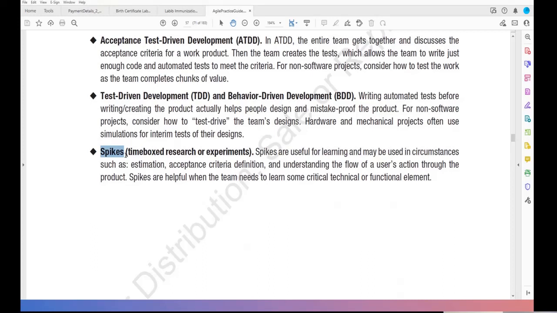So at the beginning of the sprint, there is something called spikes. A spike is an activity, not a requirement. But when they develop the product backlog, they put the spikes in the product backlog so they can test it and run the experiment. If there is any change, they can adapt.